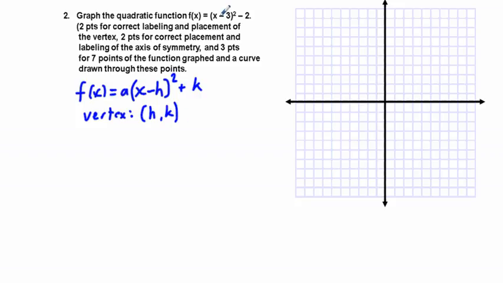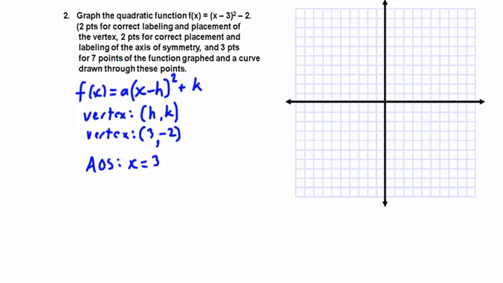In this case, for our problem here, we have x minus 3, so our h value is 3, and then k, well, k is negative 2, so our vertex is 3 comma negative 2. And our axis of symmetry is going to be x equals h, so we have x equals 3.